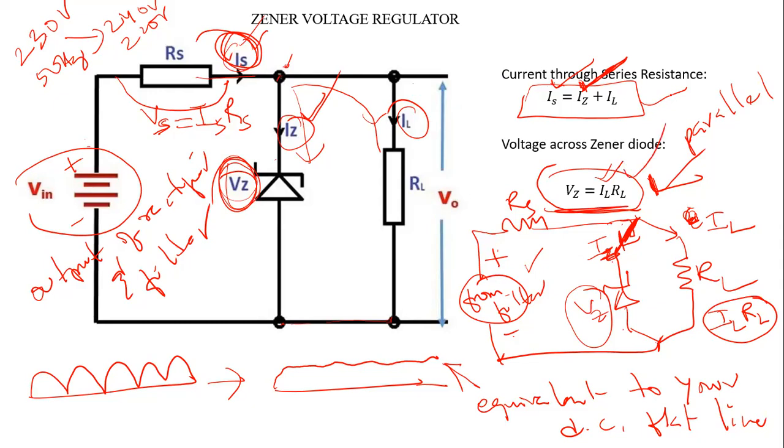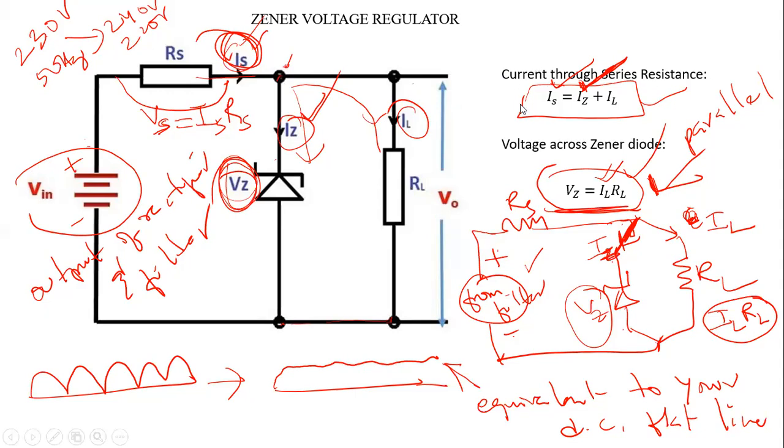Because the Zener diode and the load resistance are connected in parallel, the voltage that appears across your load resistance remains constant.